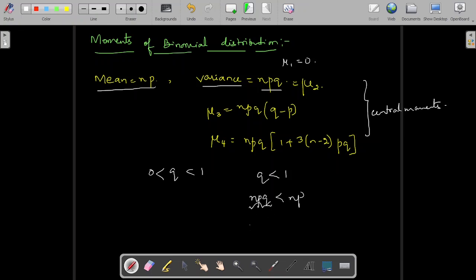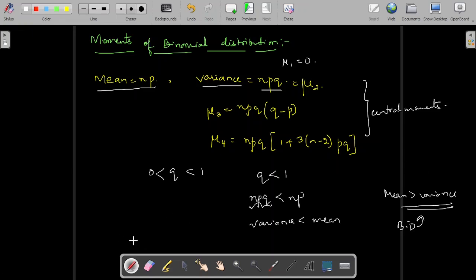What is npq? Variance. So variance is less than np, which means mean is greater than variance. So for a binomial distribution, this is always true: mean is always greater than the variance.